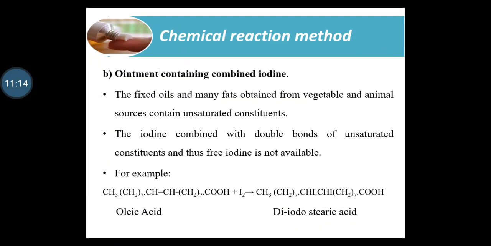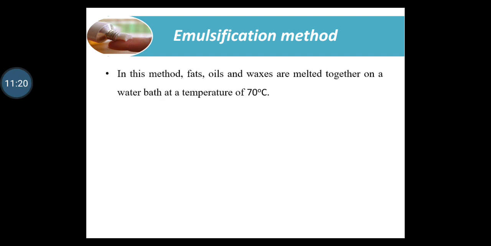Now next we are going to see the last method, that is emulsification method. In this method, fats, oils, and waxes are melted together on a water bath at a temperature of 70 degrees Celsius.